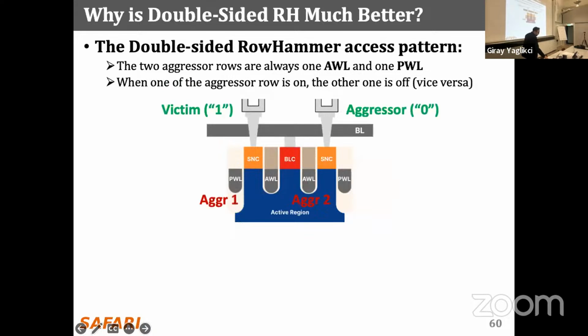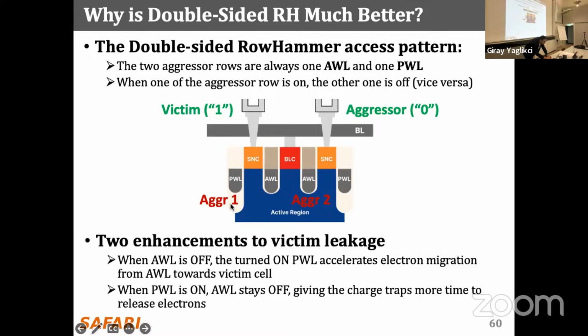When you have a double-sided RowHammer access pattern, you basically hammer one active word line and one passive word line all the time, because those are the two neighbors of, let's say, this DRAM cell, your victim. You hammer this word line and this word line. One of them is active, one of them is passive.